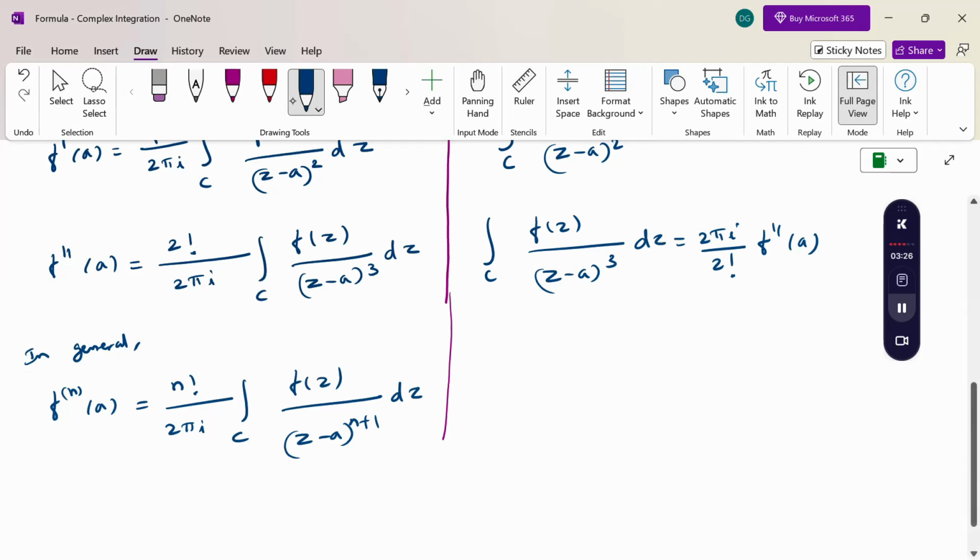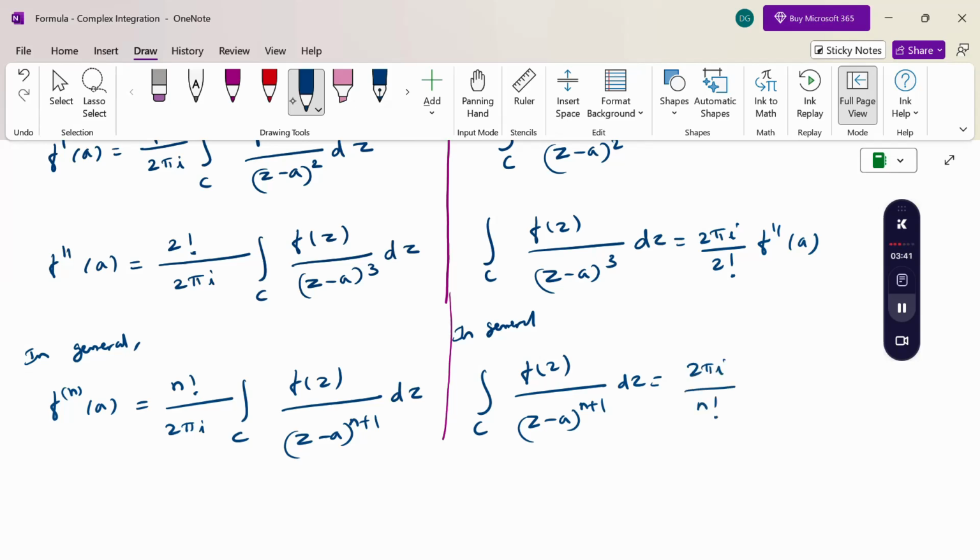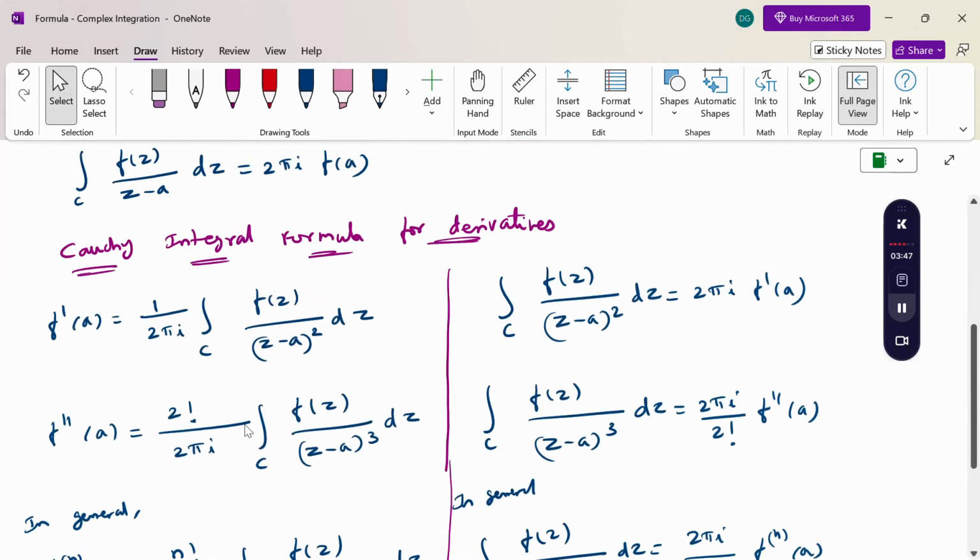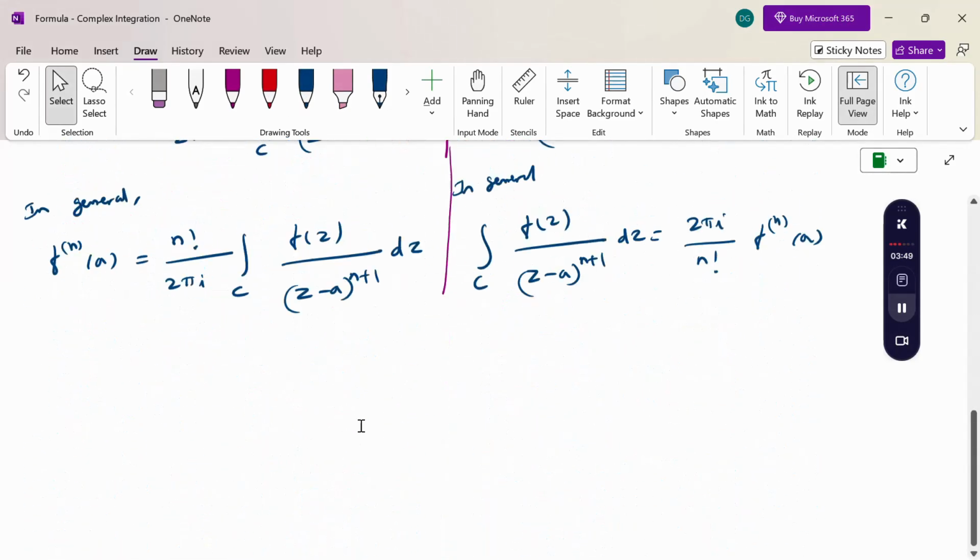So this is rewritten in the general form: integral over C f of z by z minus a whole power n plus 1 dz equals 2 pi i by n factorial f n of a. So this is the Cauchy integral formula for derivatives.